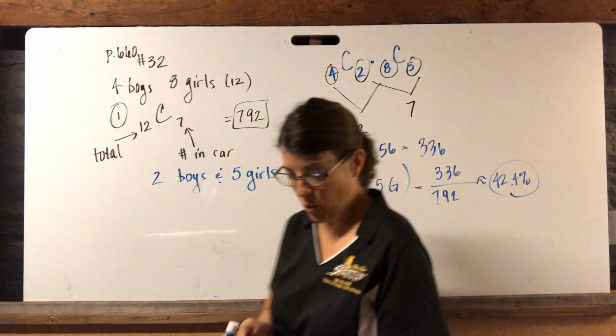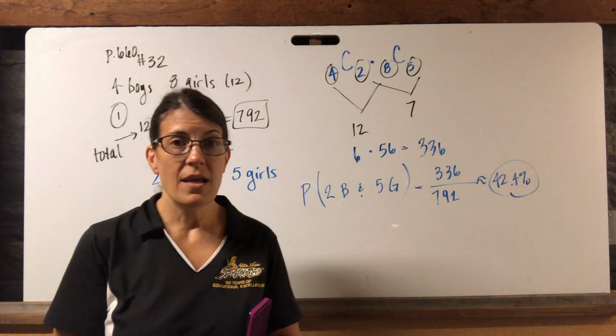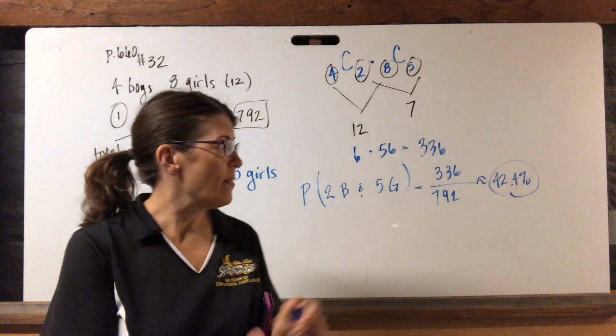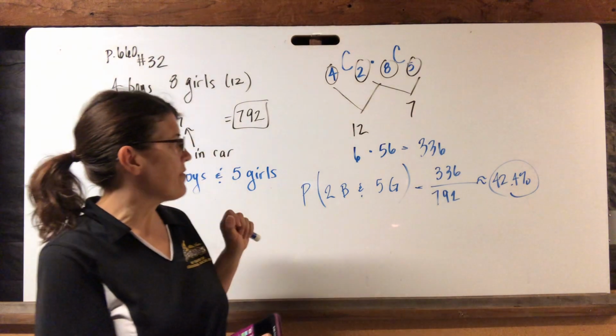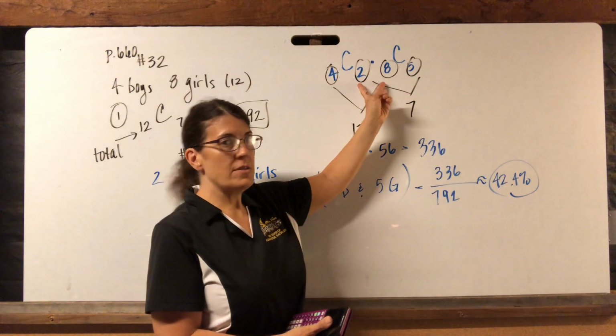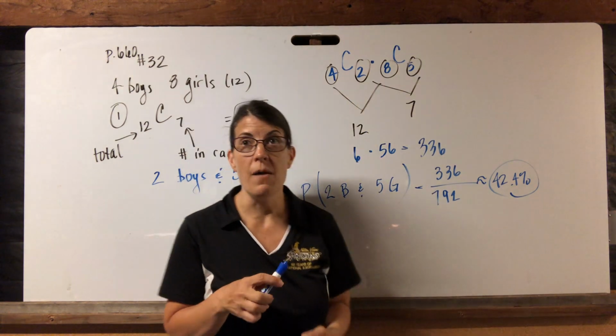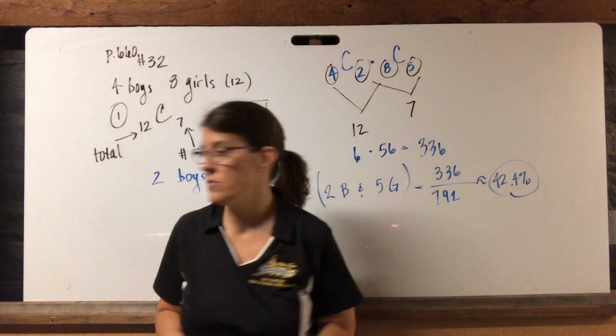There is a 42.4% chance that when these kids get in Mystique's car, that car is going to have 2 boys and 5 girls. This is critical. When we start doing problems in a minute with decks of cards, you'll see why.